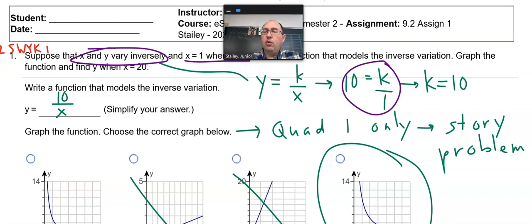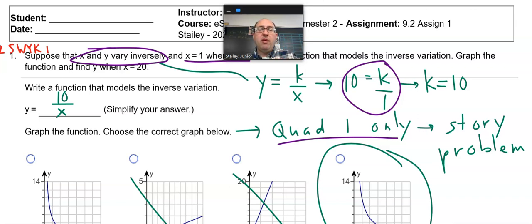Now, I want you to notice in the next part where they're graphing that they only specifically chose quadrant 1. They are not looking at quadrants. This actually would be in quadrant 3 also if you take all of the graph. But they're specifically looking at quadrant 1. A lot of times we do that because we're talking about story problems.